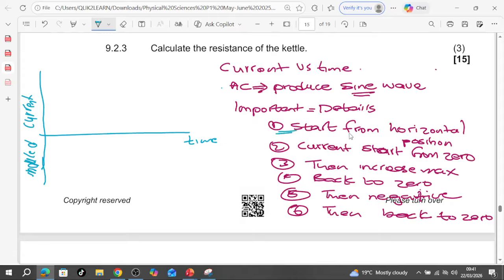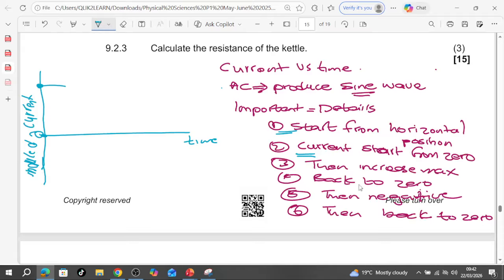It starts from horizontal, so it starts here. Then it stays horizontal a little, and the current starts from 0. So this is my current. It starts from 0 because we know that this is 0, so it's going to start at 0.